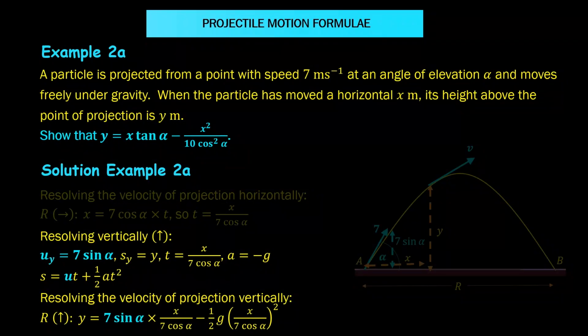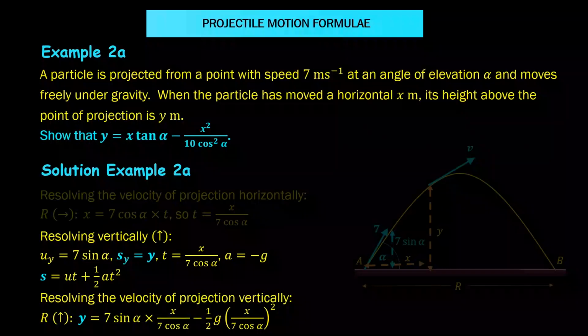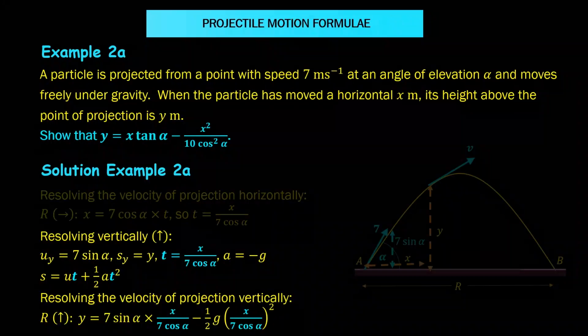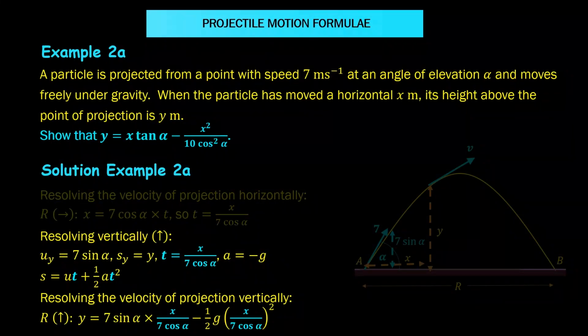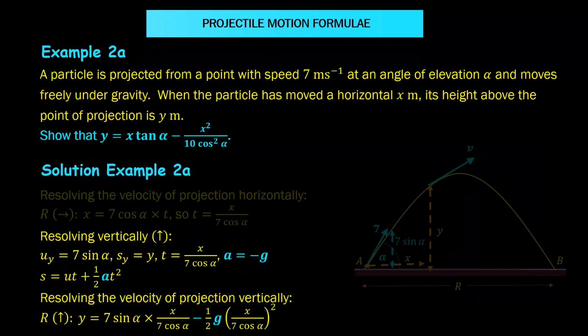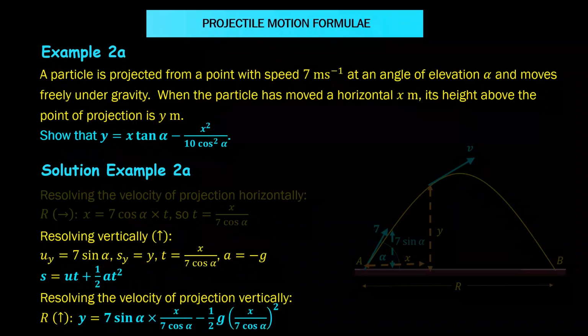And now we can plug in all the expressions. So u equals 7 sine alpha goes here, s equals y goes here, t equals x over 7 cos alpha goes here and here, and a equals minus g goes here, to give us this expression.